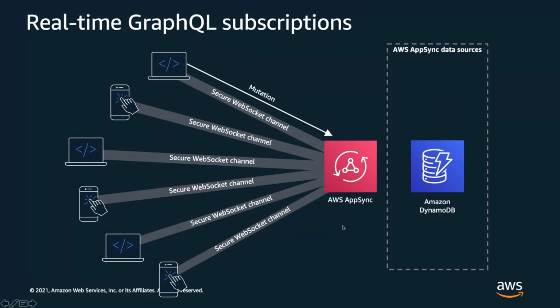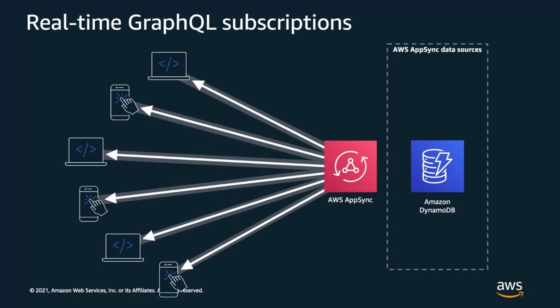So if a client executes a mutation, for instance, a create post or a create message, let's say on a chat application, that mutation is invoked against the single GraphQL API endpoint in AppSync. AppSync then performs authorization checks and then executes any business logic that is defined in the resolver. And then it sends a request to DynamoDB to create an item in the table. So it performs, in this specific scenario, a put item in the table.